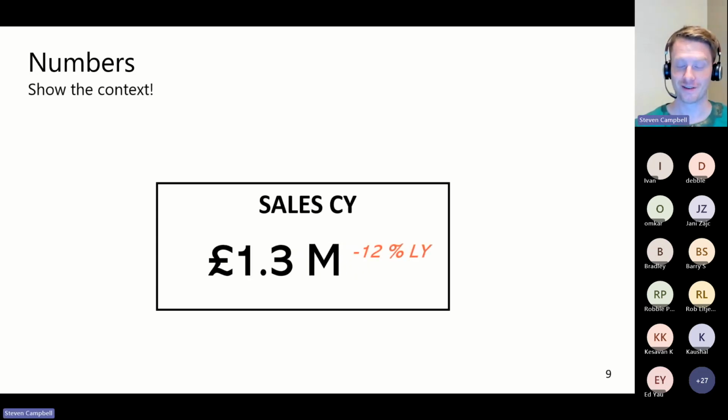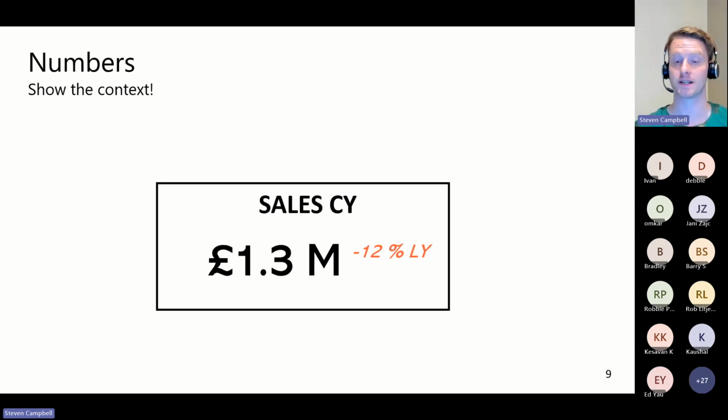The next thing is try and show some context. Again, why is your end user looking at this number? Normally, when you have a KPI, they really want to compare it against something. Because if you just said, my sales are 1.3, that's good. It's compared to what, right? You need some context for that number. Often people want to compare against last year, against a target.